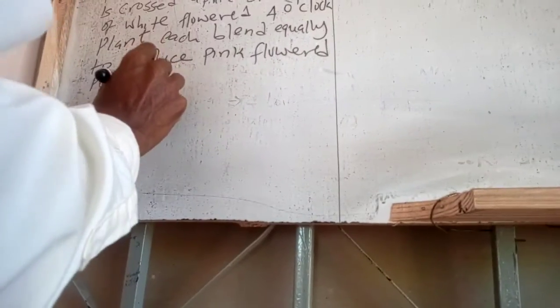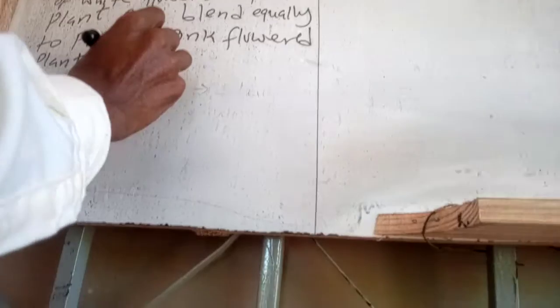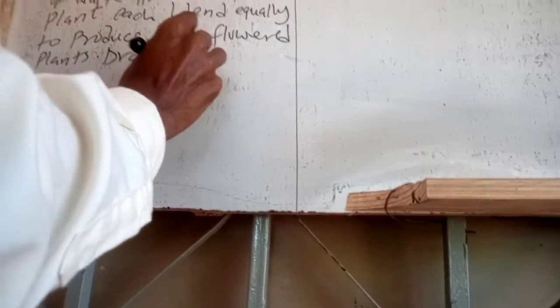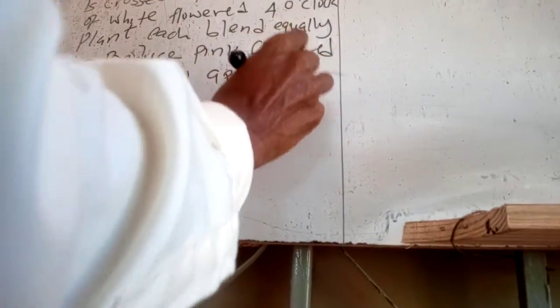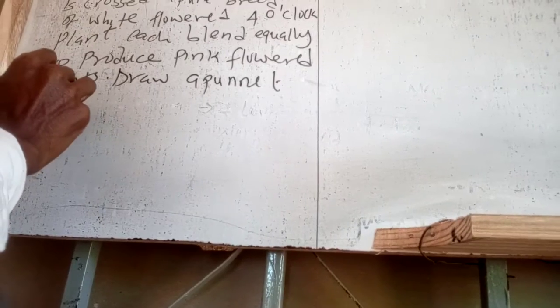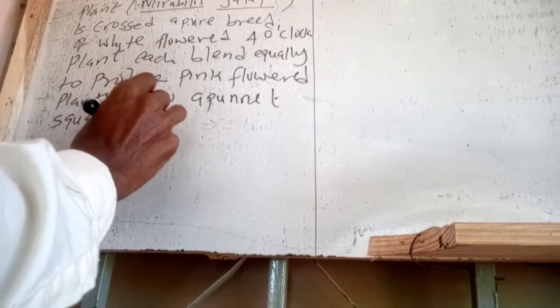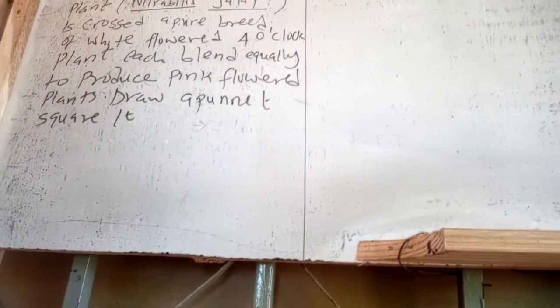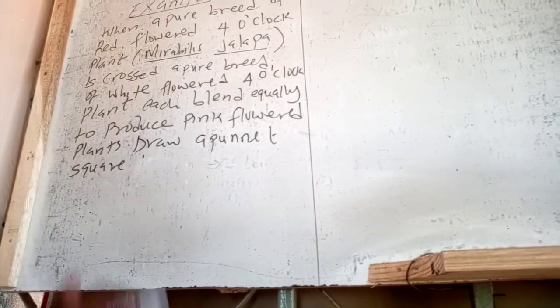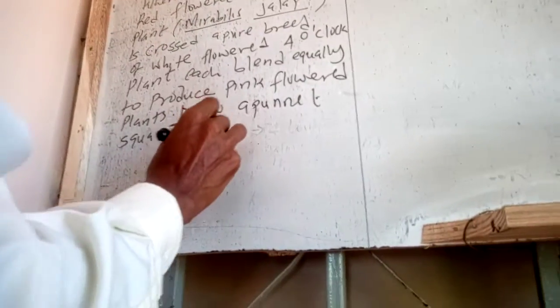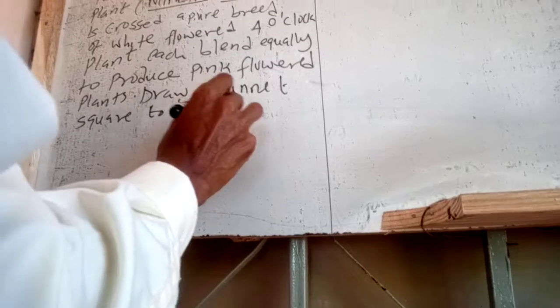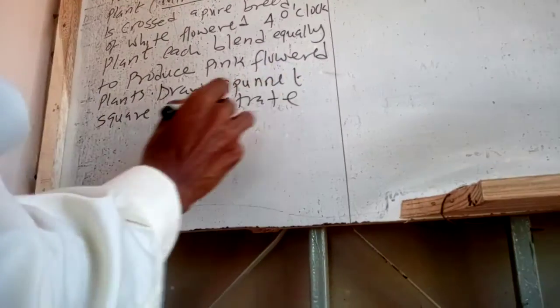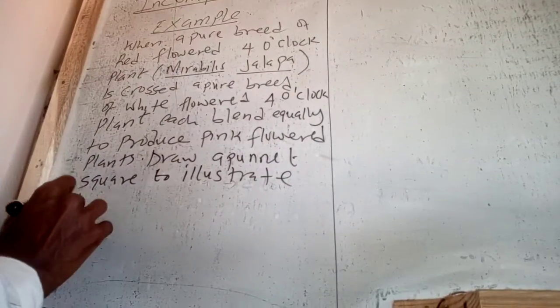Then you are told to draw a Punnett square to illustrate this observation.